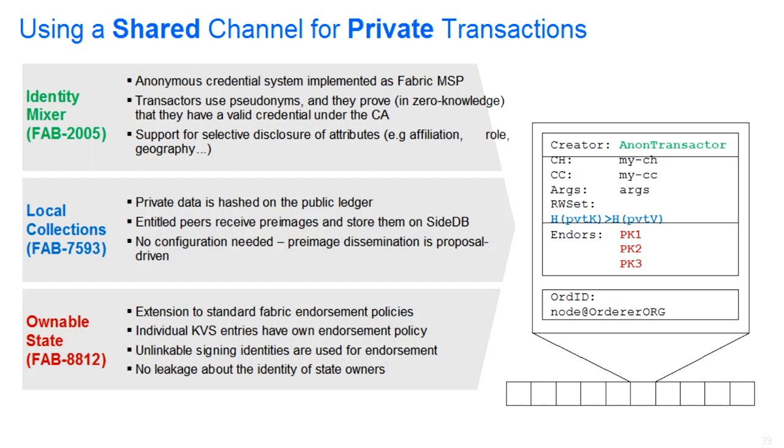From that angle, I was thinking that if the number of chain codes is the only problem, and if we go with system chain codes, which are pluggable, and the same code you could always run, then the equivalent of creating an ownable state here would be to instantiate one more chain code with this endorsement policy, managing its own state with that set of participants, privacy preserving and whatnot. So the basic fundamental question in my mind is, is manipulating multiple ownable states in a single transaction not the primary use case?